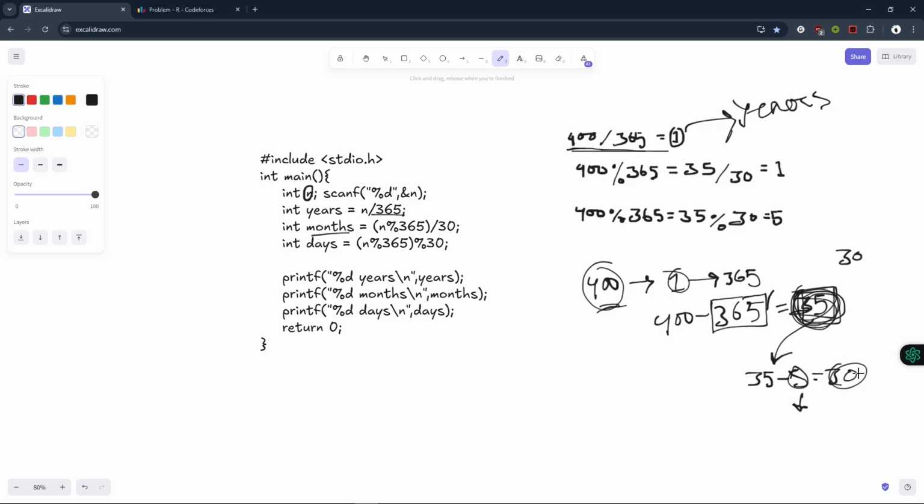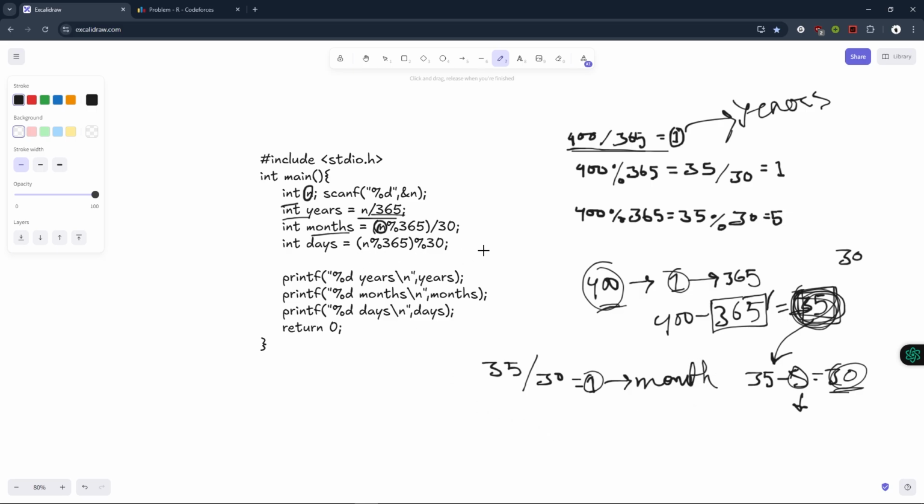For us to calculate the 30 days, we have to take the modulo of the input n, and by doing that we get the remainder, which is 35. Now if we divide it by 30, just like how we did for the years, we will get how many months there are. Exactly as before, we'll get 1, since we are doing the calculation in integers, which is the month.